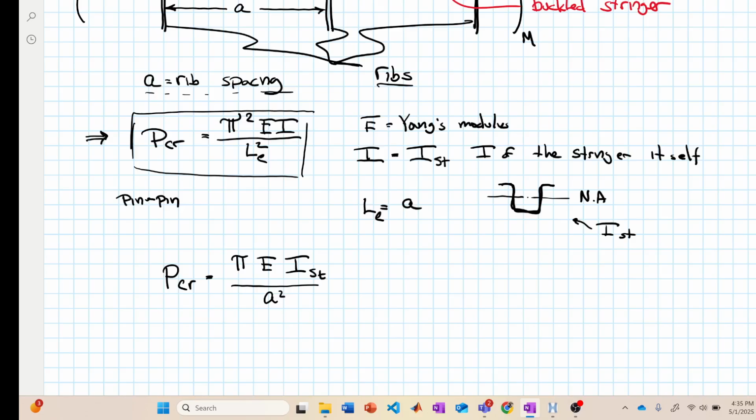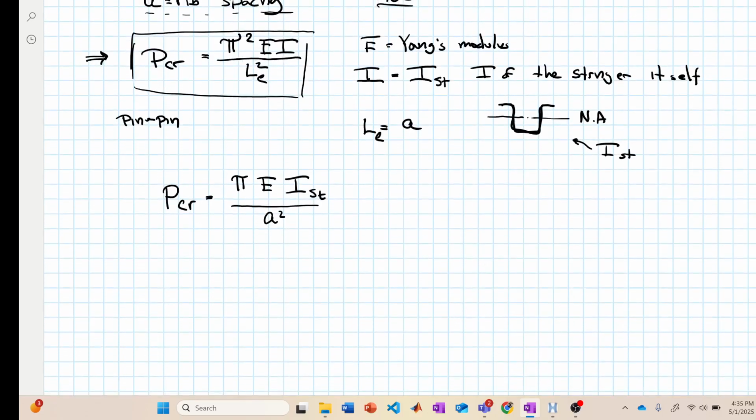Once you know what the buckling force is, the question is, what is the actual load seen in that stringer that would cause it to buckle?